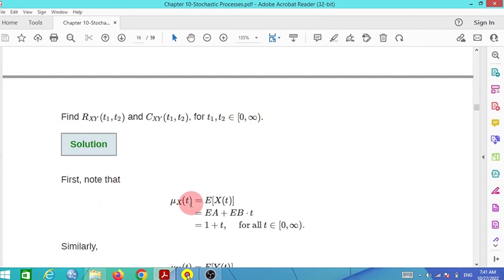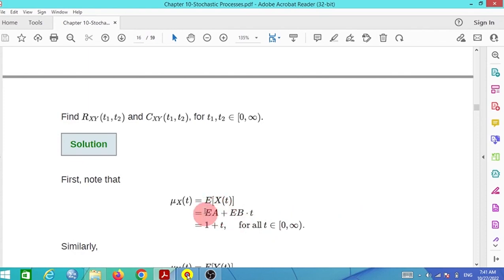The mean of xt we calculated previously at the start of this lesson. Expected value of xt: replace xt, and the expected value of a sum is equal to the sum of expected values. t is constant, so it comes out.